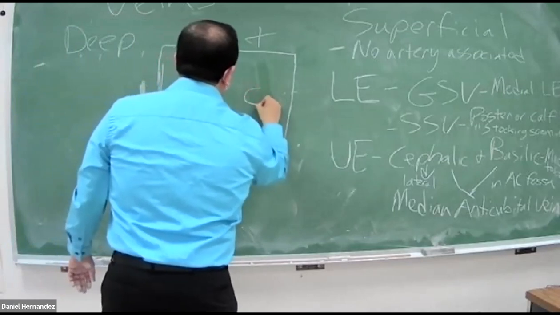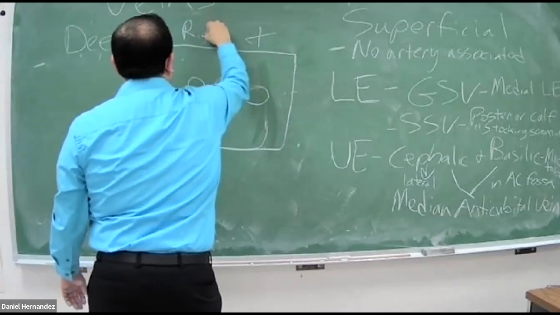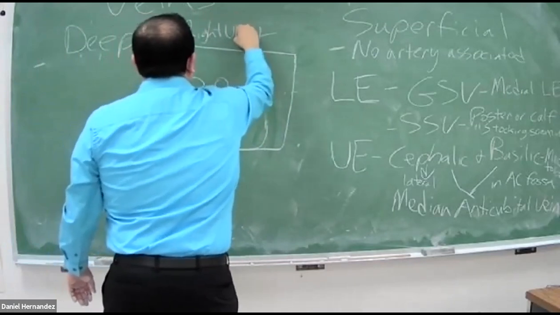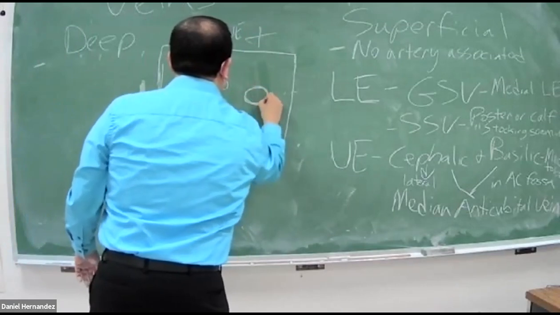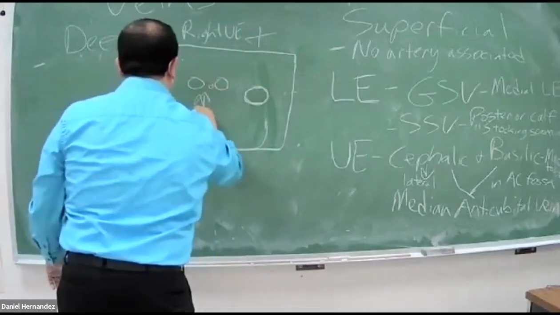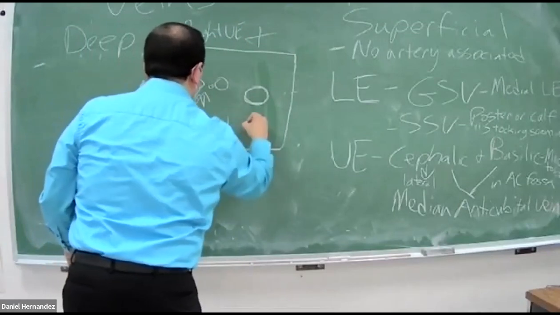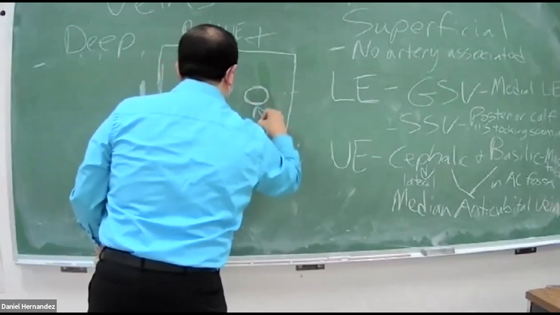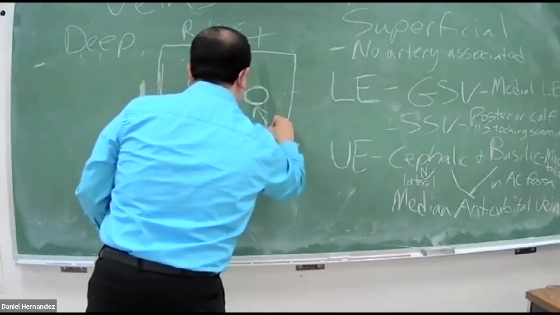This is for the right arm. We see our brachials here, and this is going to be our basilic, or medial.